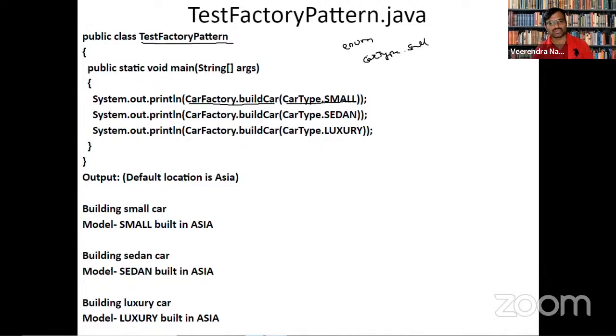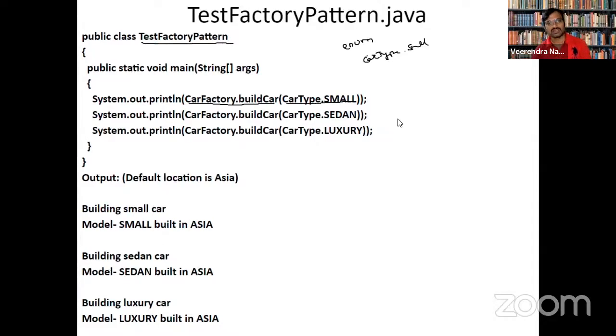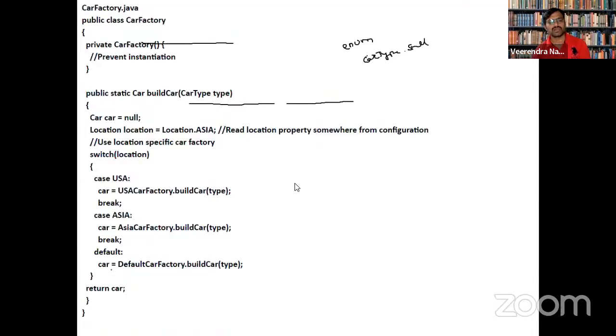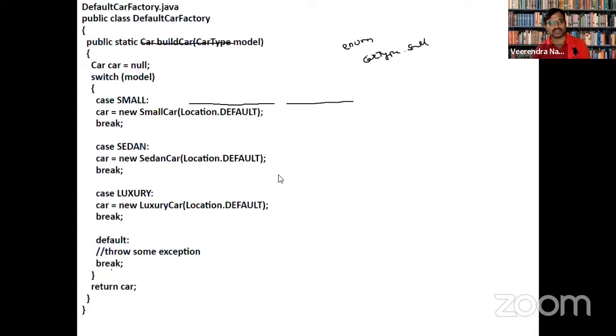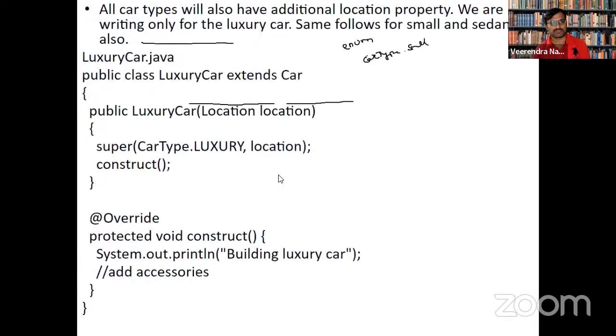So this is how you can build the design pattern on the factory. Basically, at the end of the day, we are going for the car pattern. One is the factory pattern and the next is the abstract factory pattern.